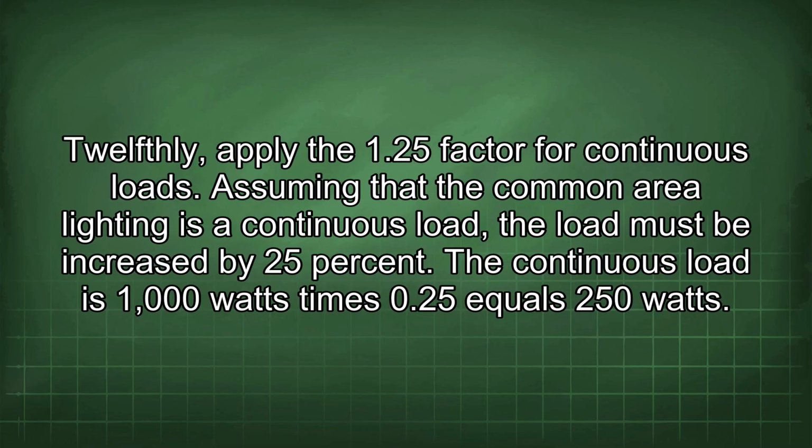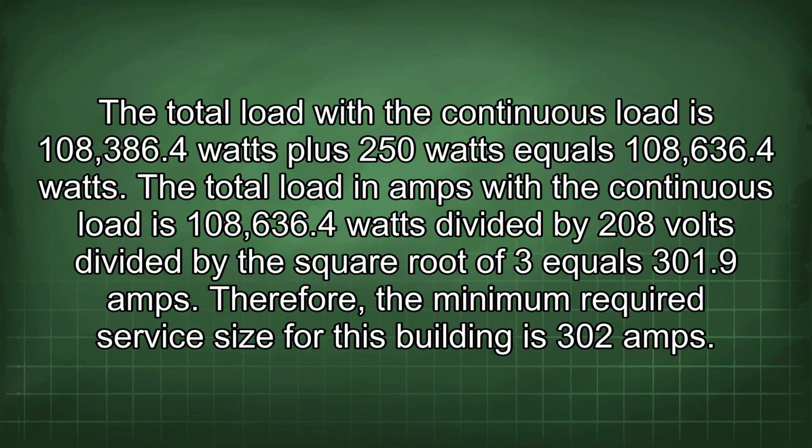12thly, apply the 1.25 factor for continuous loads. Assuming that the common area lighting is a continuous load, the load must be increased by 25%. The continuous load is 1000 watts times 0.25 equals 250 watts. The total load with the continuous load is 108,386.4 watts plus 250 watts equals 108,636.4 watts.